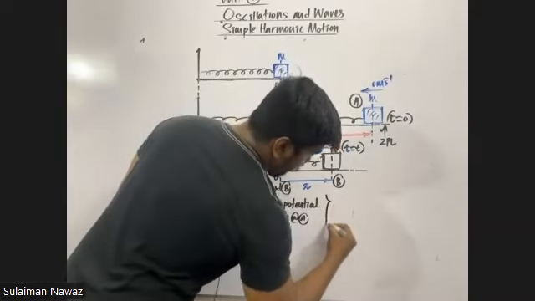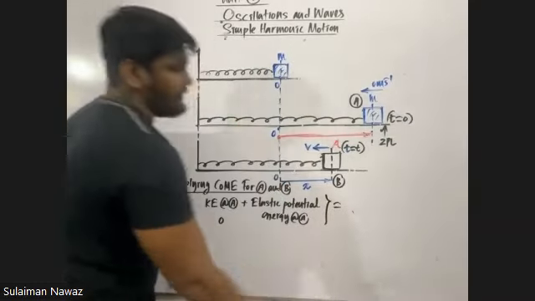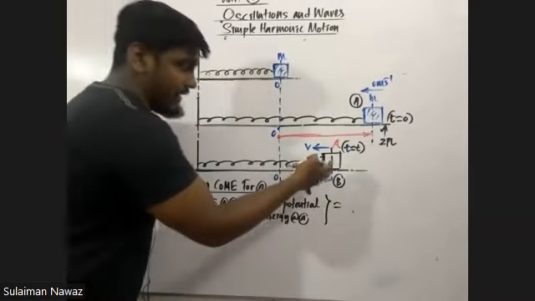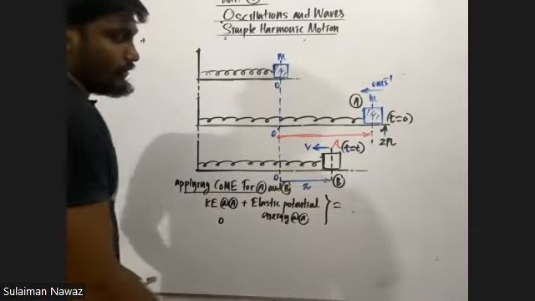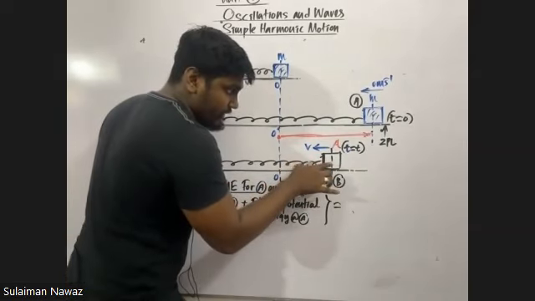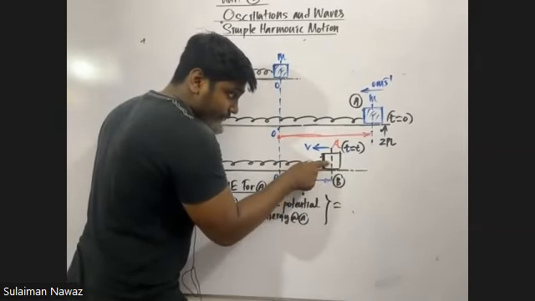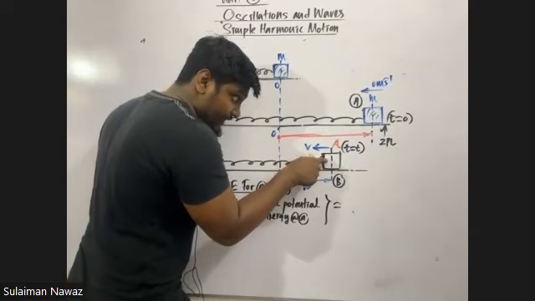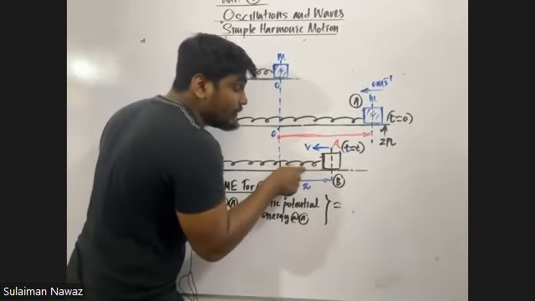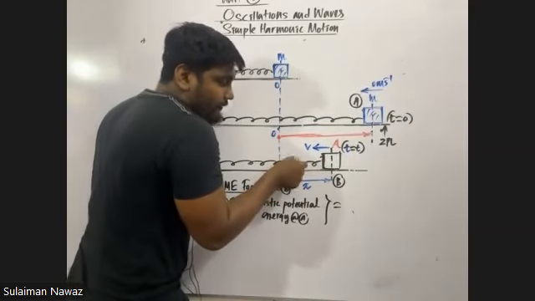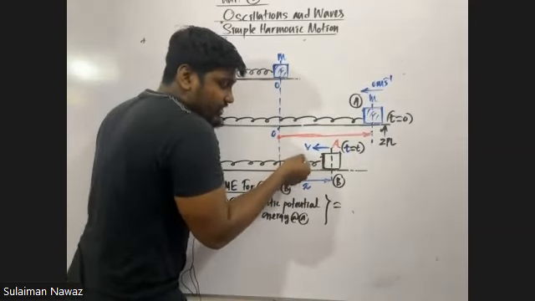This must be equal to what? According to conservation of mechanical energy, the total mechanical energy of the system at position B. When your system is at position B, this object has kinetic energy because it has a velocity. The spring is also still stretched, so the spring has potential energy.